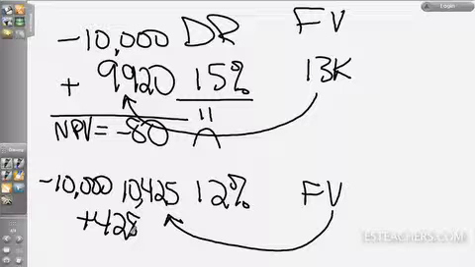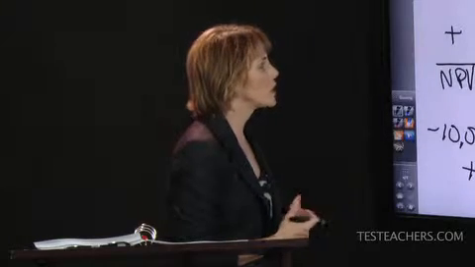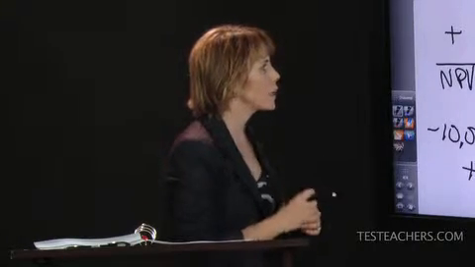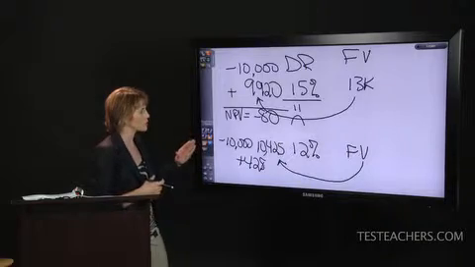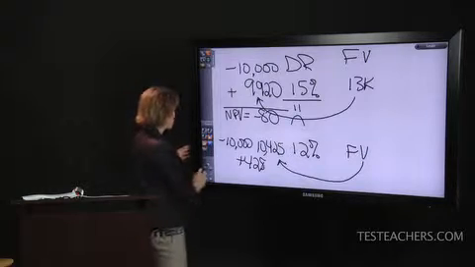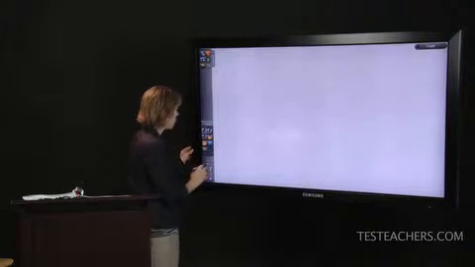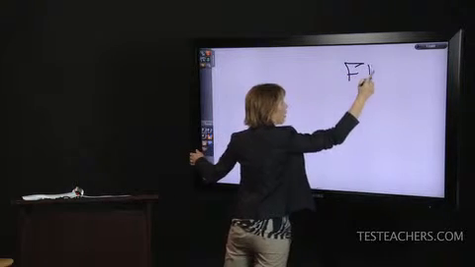So just kind of guessing, because it's not a test question, what would you think the discount rate to get the net present value equal to 0 is closer to? Is it closer to 12 or closer to 15? It's closer to 15.